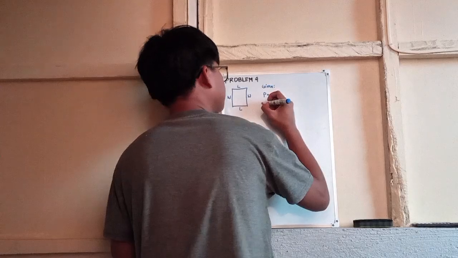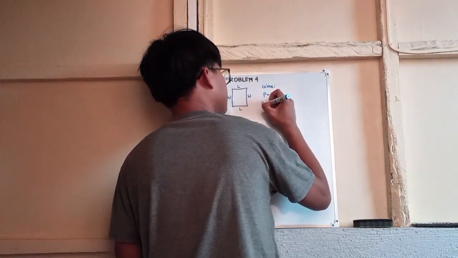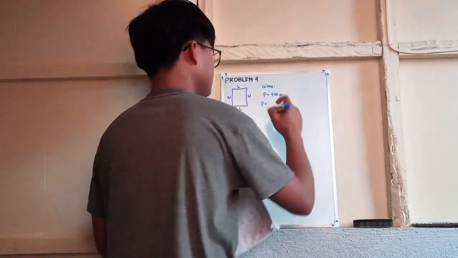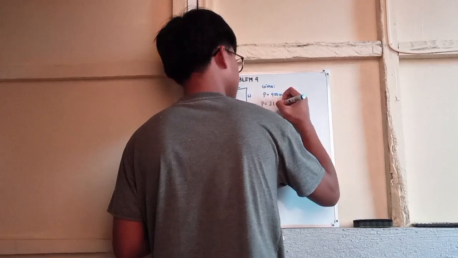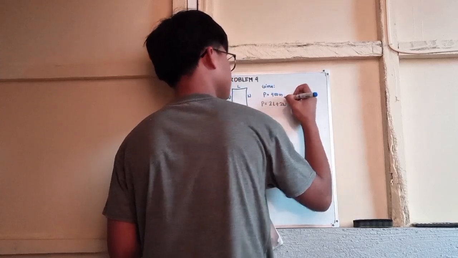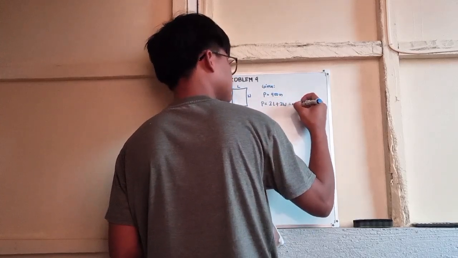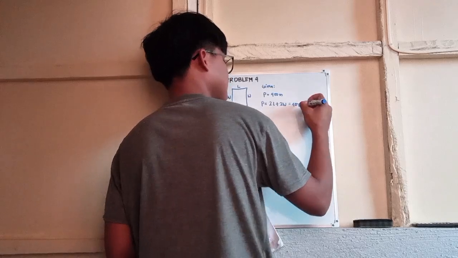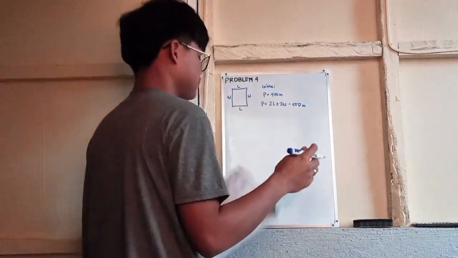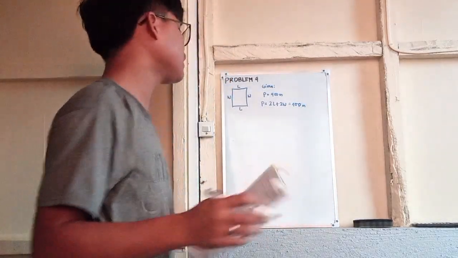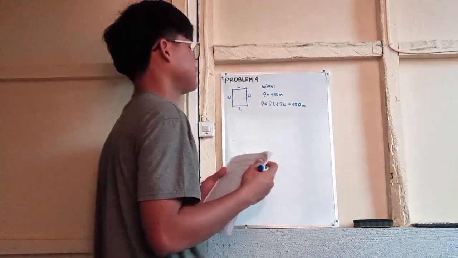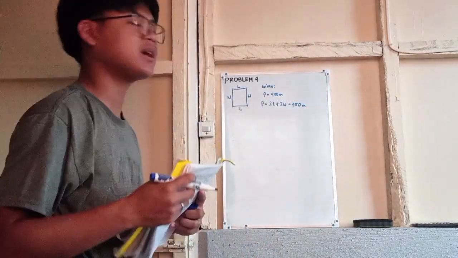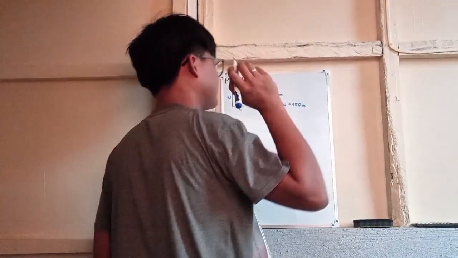So we all know that the formula for the perimeter of a rectangle is 2L plus 2W. Then we will equate this to 400 meters. So we will manipulate the formula so that we can get the value of W, the width.